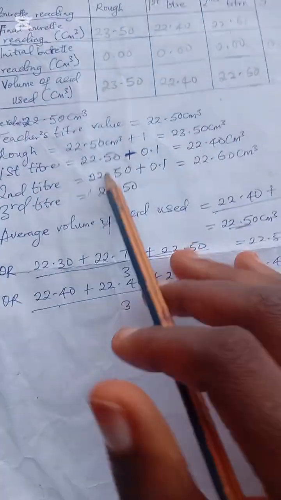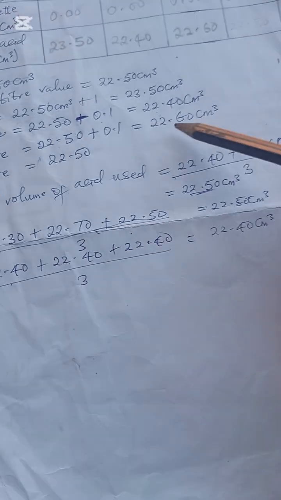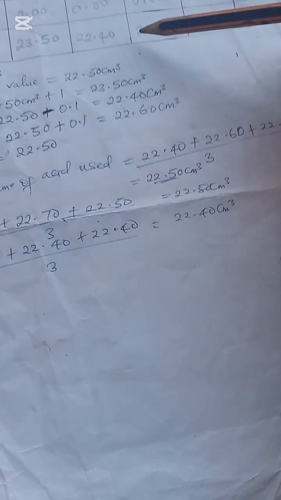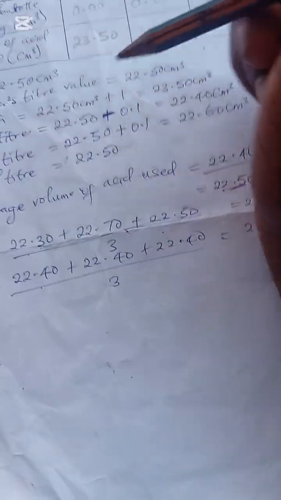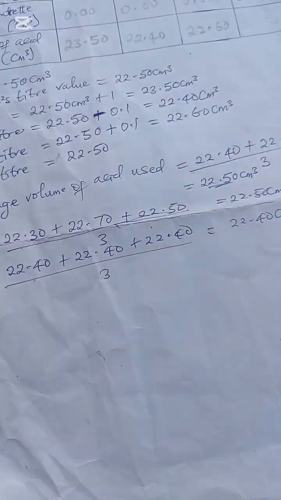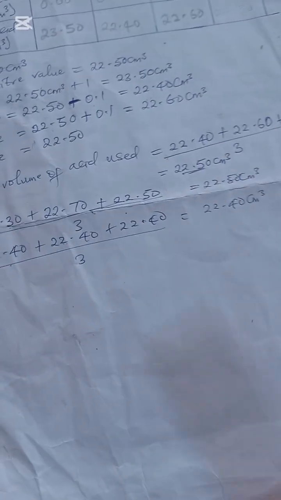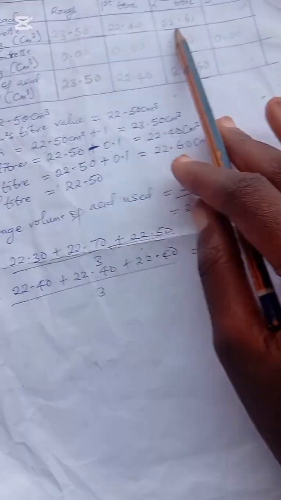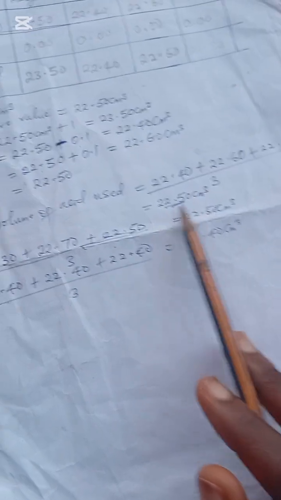The second titer will be your teacher's titer plus 0.1. And then the third titer is still the same thing: your teacher's titer you already have in mind, which is 22.50. You put it down here.